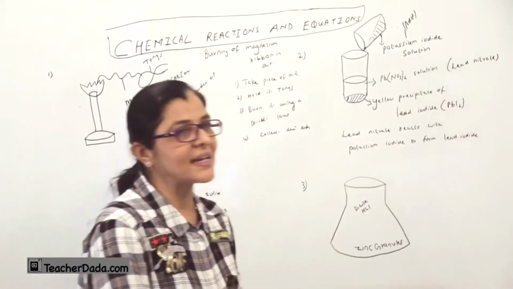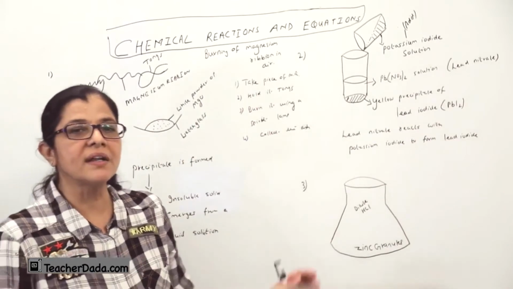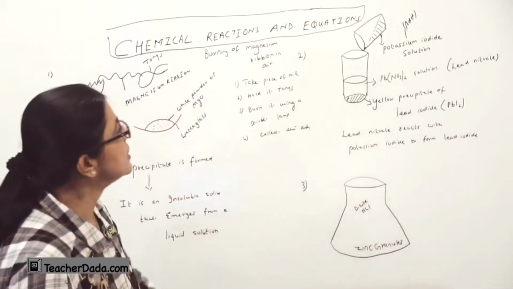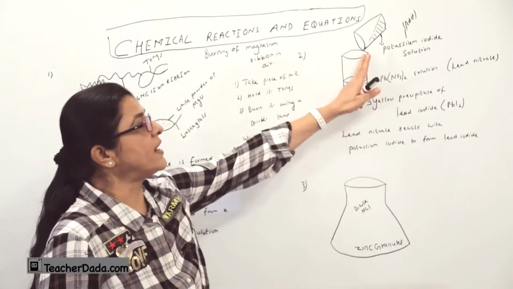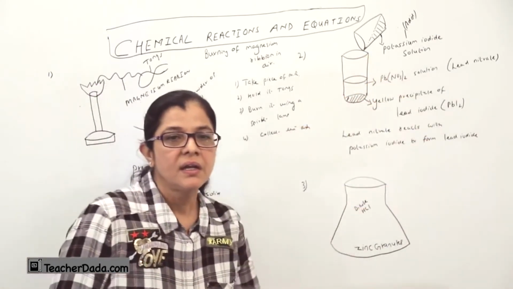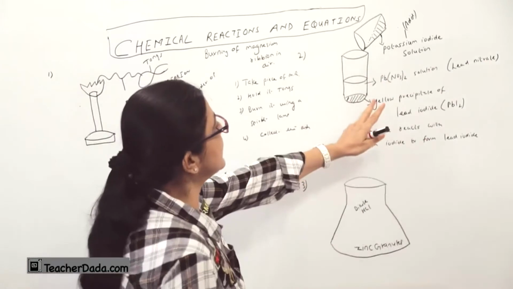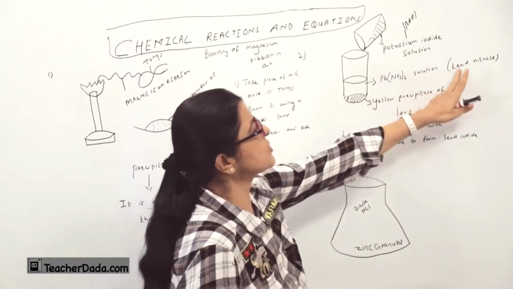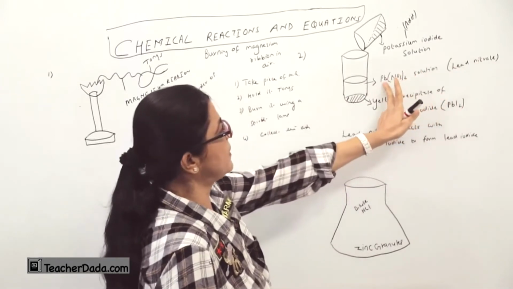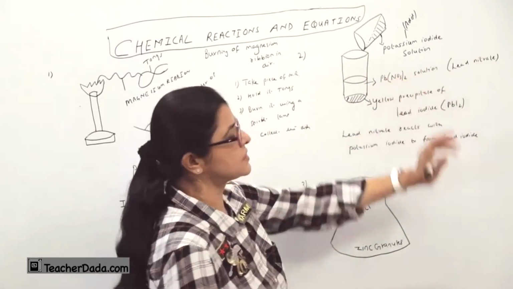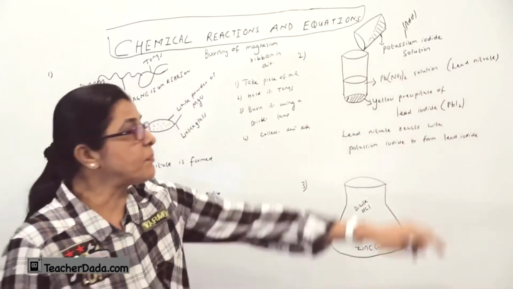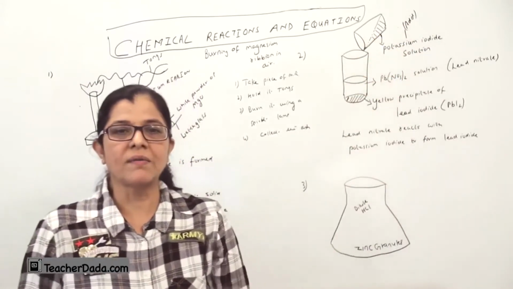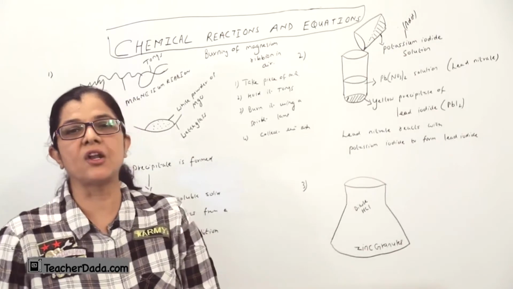Now let's move to the second experiment to show the reaction between lead nitrate and potassium iodide solution. I have drawn a diagram here. Take lead nitrate solution in a test tube, that is Pb(NO3)2, called lead nitrate. You add potassium iodide solution to this lead nitrate. What will we observe? We will observe a yellow precipitate.